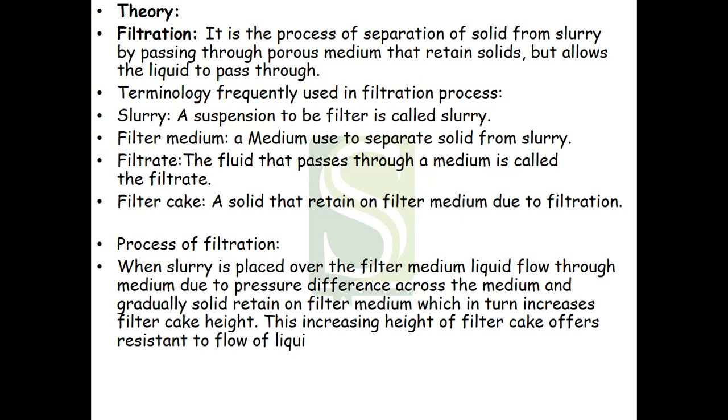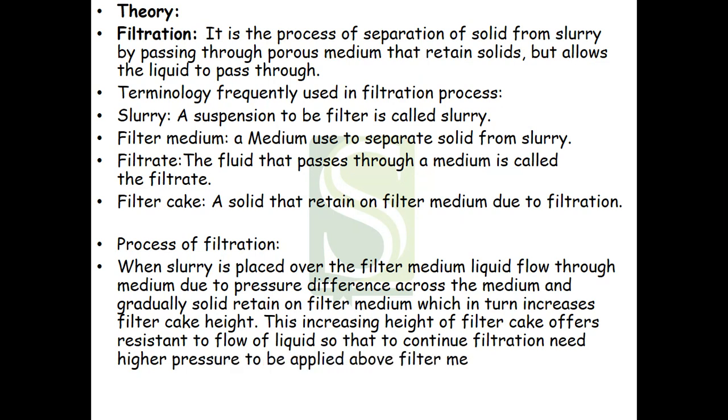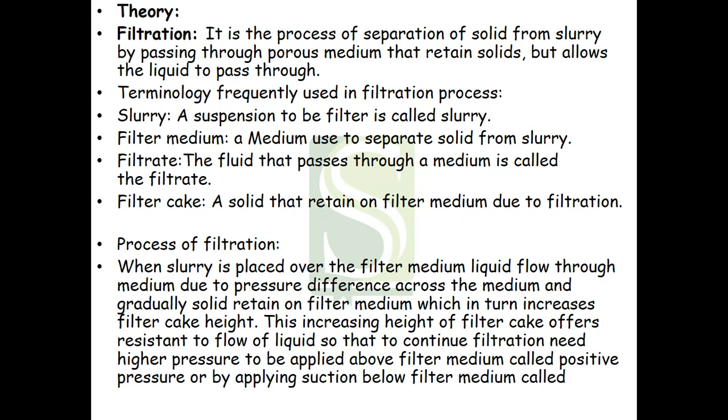This increasing height of the filter cake is going to offer resistance to the flow of the liquid, so to continue filtration there is a need to apply higher pressure above the filter medium, and this pressure is called positive pressure. Or you can apply vacuum in the receiver. When you apply a suction below the filter medium, that process is said to be the application of a negative pressure, right?